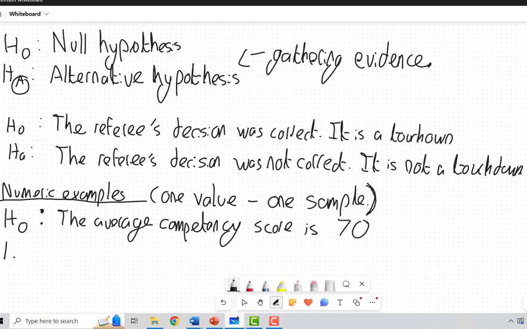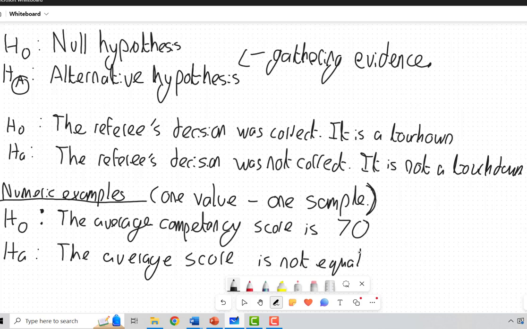And HA will say the average score, and I'm going to do three variants, is not equal to 70. Let's move up a little bit.